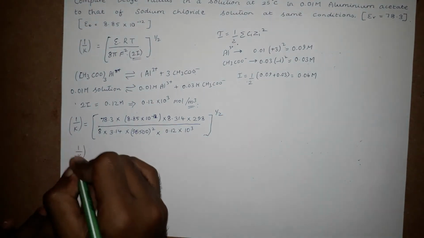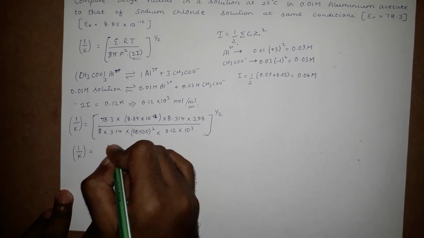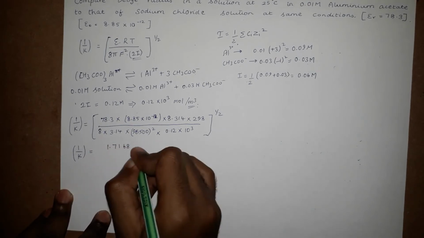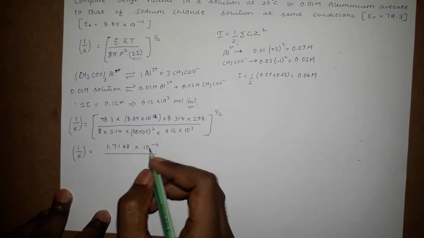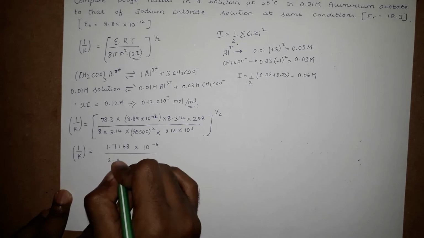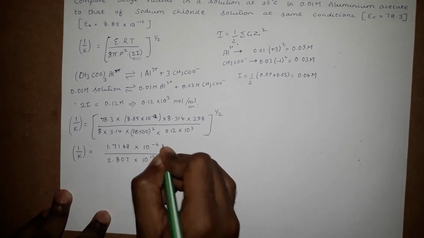So we calculate the value of the numerator, and it came around 1.7168 into 10 raised to the power minus 6, and the denominator value is 2.807 into 10 raised to the power 13.